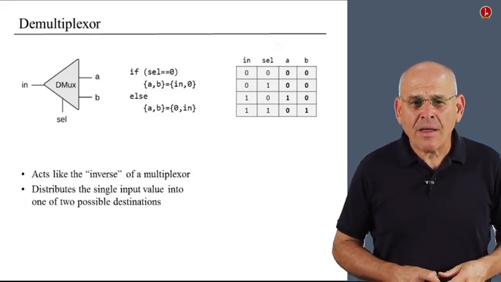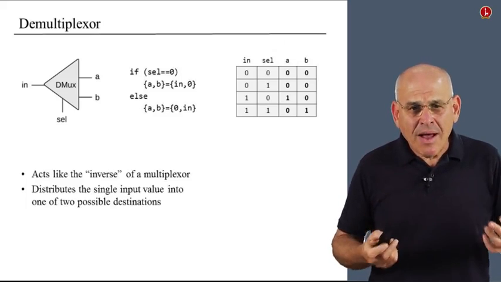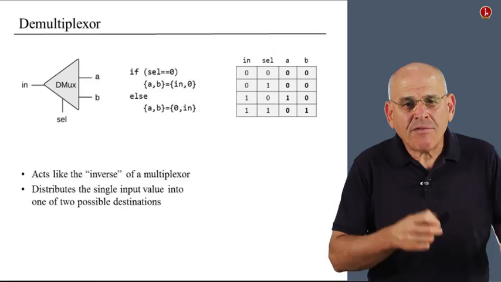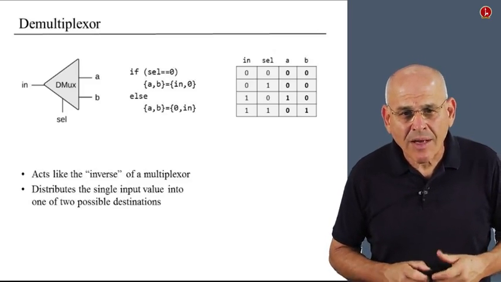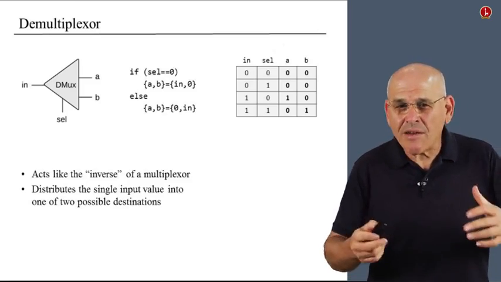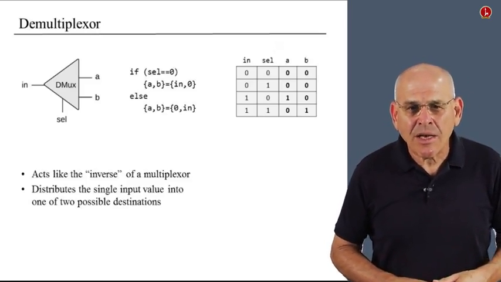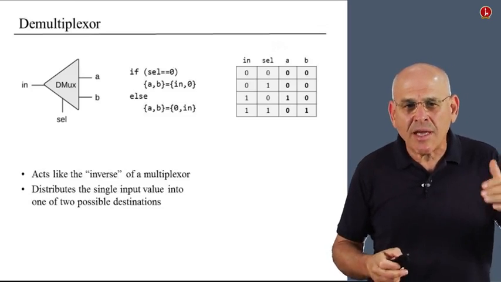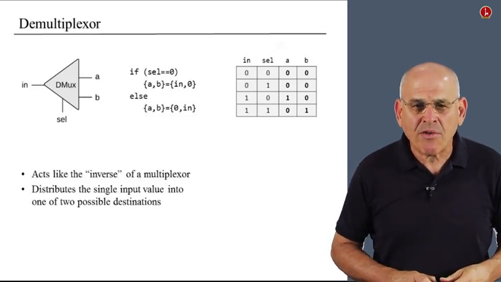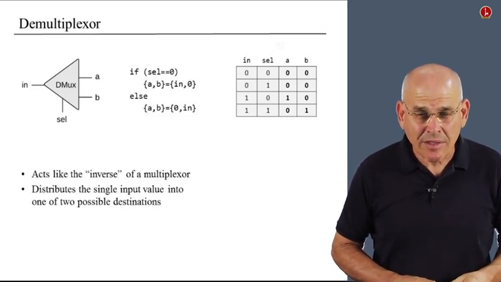And so the DMUX is basically an inverse of a MUX, if you don't like my pronunciation. Once again, it distributes a single input into one of several possible output channels.